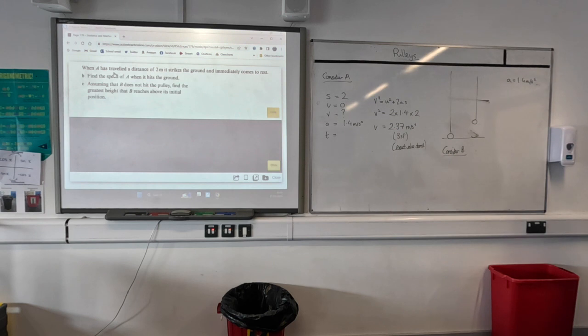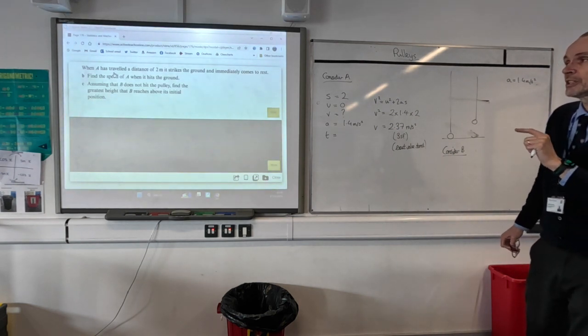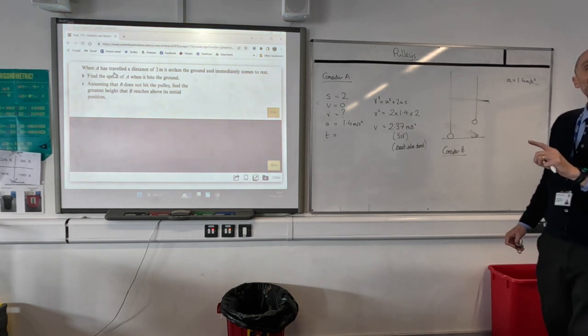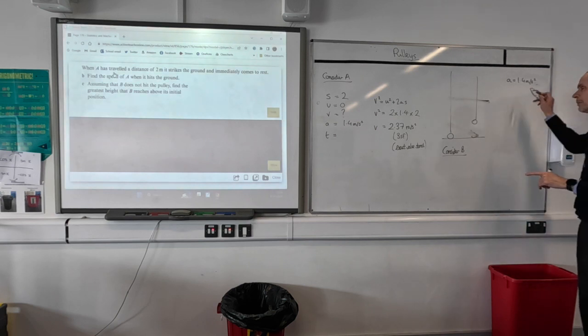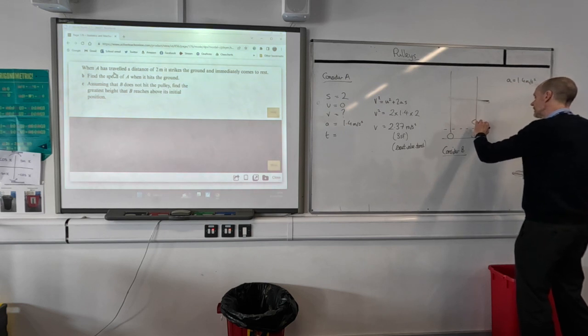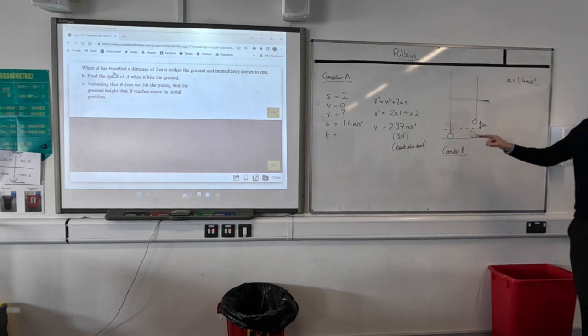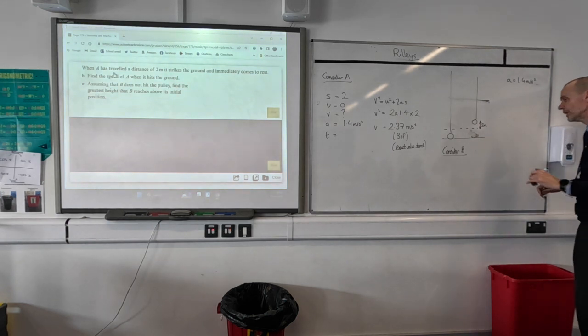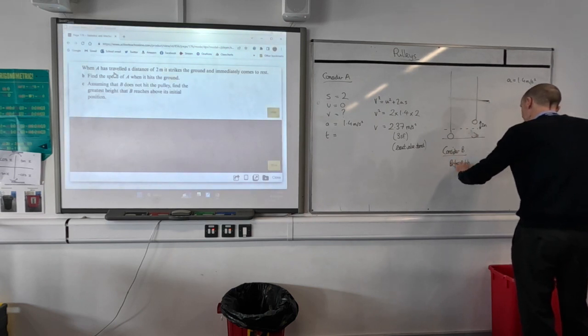For this we've got to do two separate journeys. For the first 2 meters of its journey, it is connected to A, so it's just moving at 1.4 meters per second squared. This is where it started, and it has travelled 2 meters when A hits the ground.